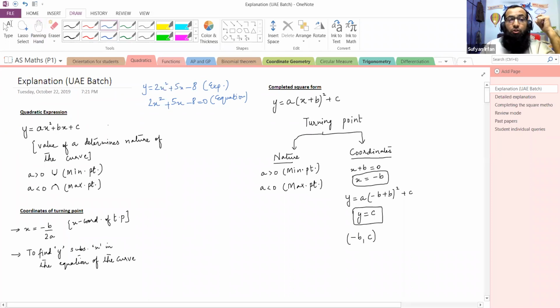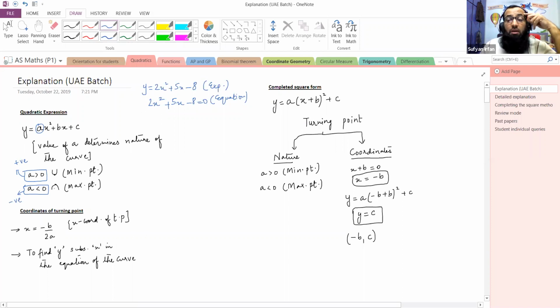If a is greater than 0, if the value of a is positive, then it is a minimum point. And if a is negative, then there is a maximum point.